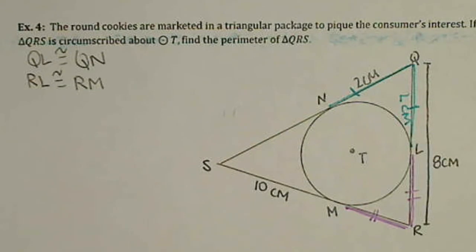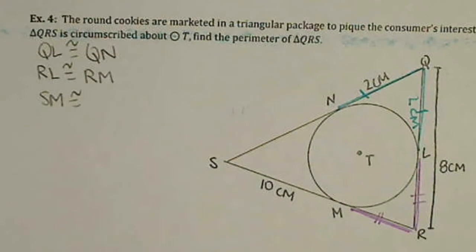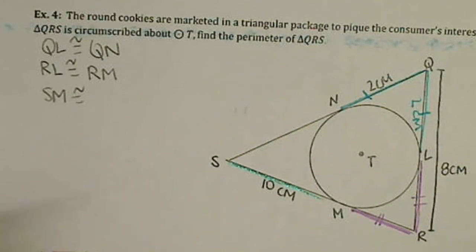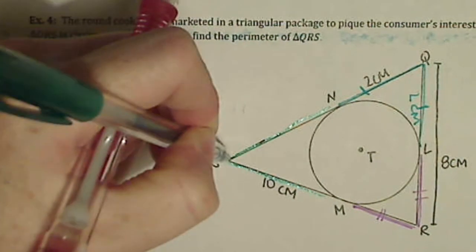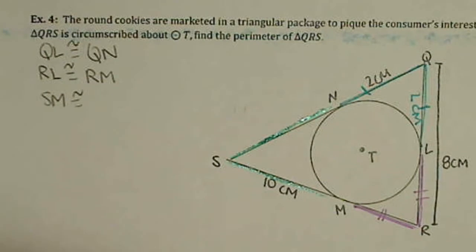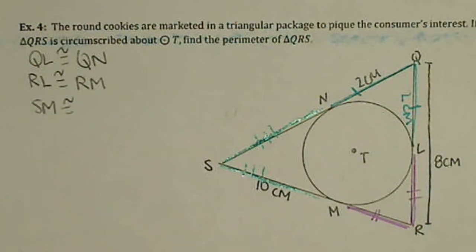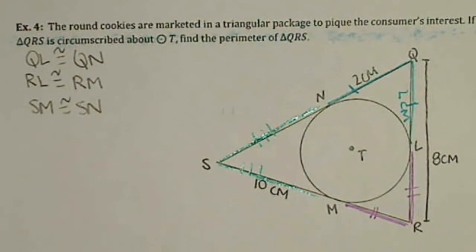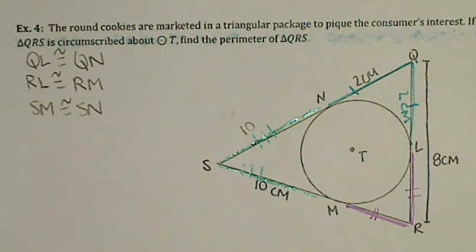And our last pair, SM, this side right over here, is congruent to SN, this side over there. So if SM is 10, SN is also 10.